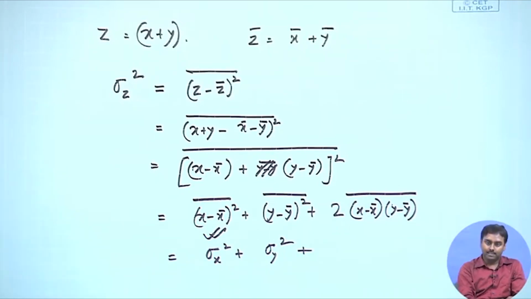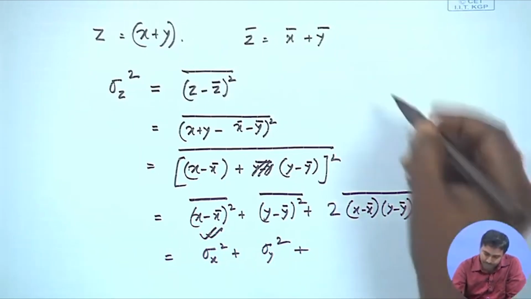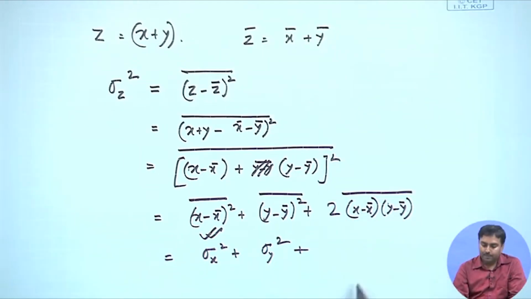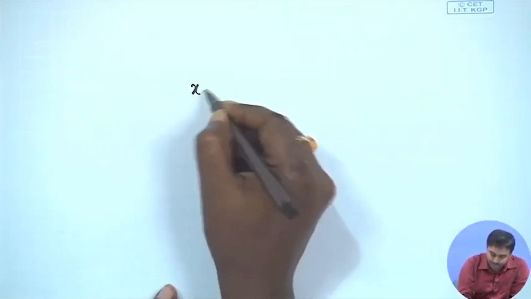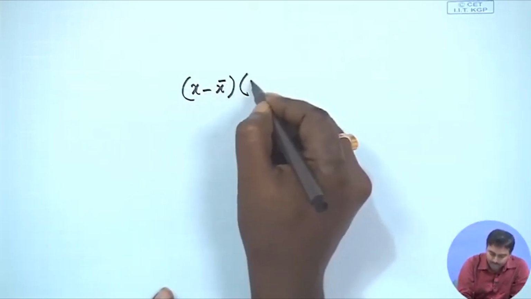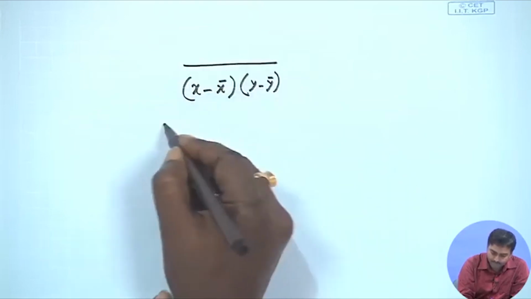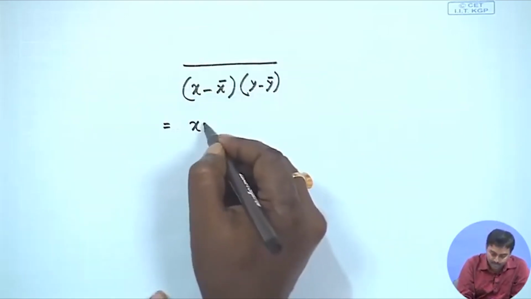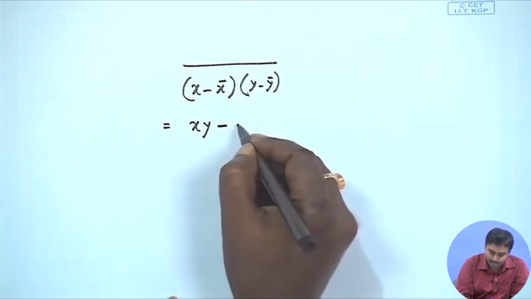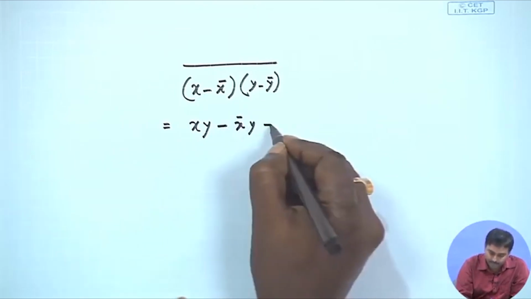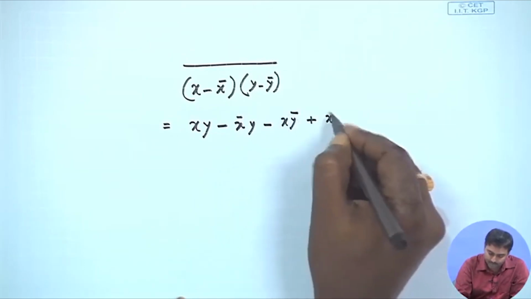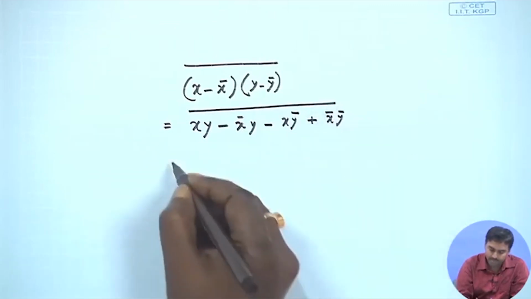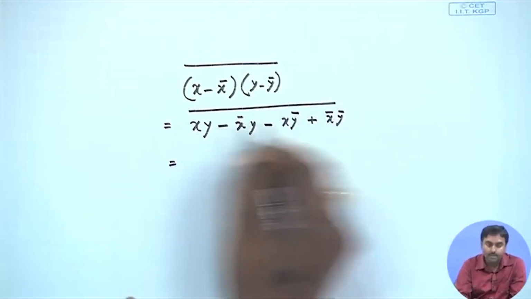Let us talk about these things. So, first of all, let us try to evaluate this, x minus x bar into y minus y bar. So this will be x y minus x bar y minus x y bar plus x bar y bar, again it will be distributed. Okay.